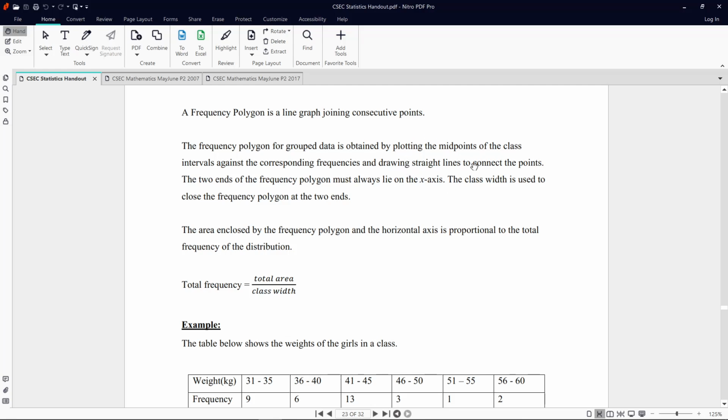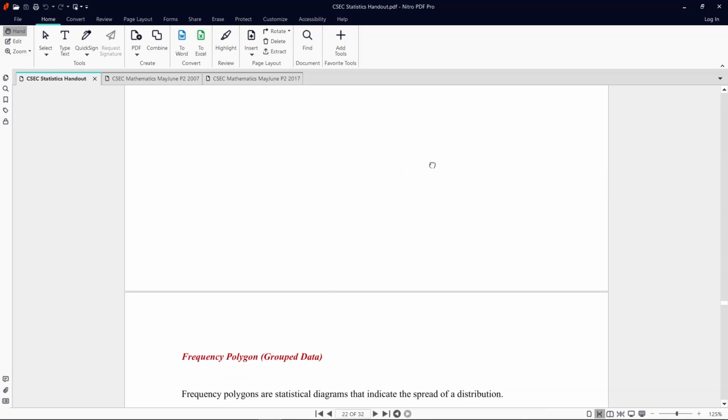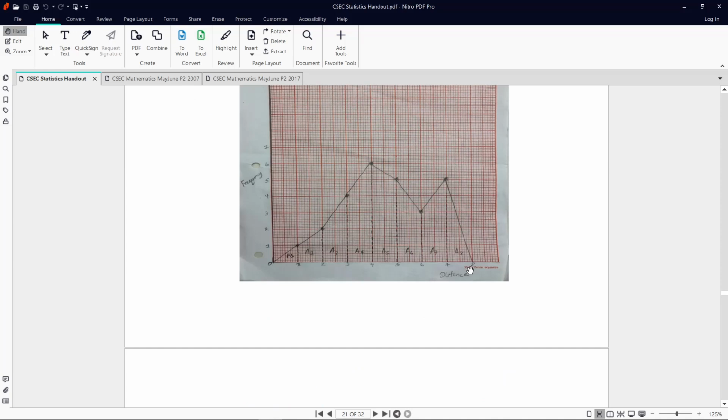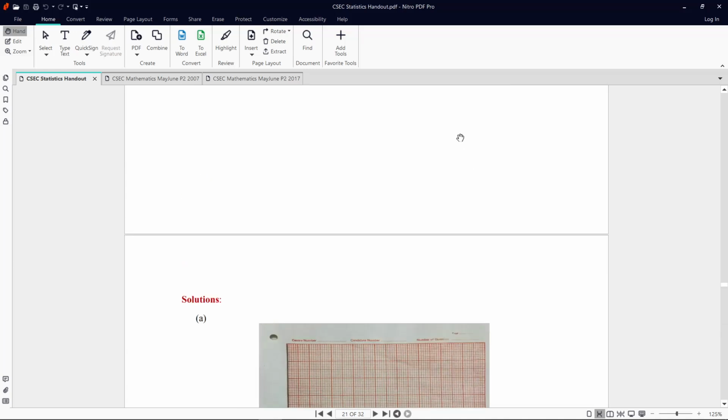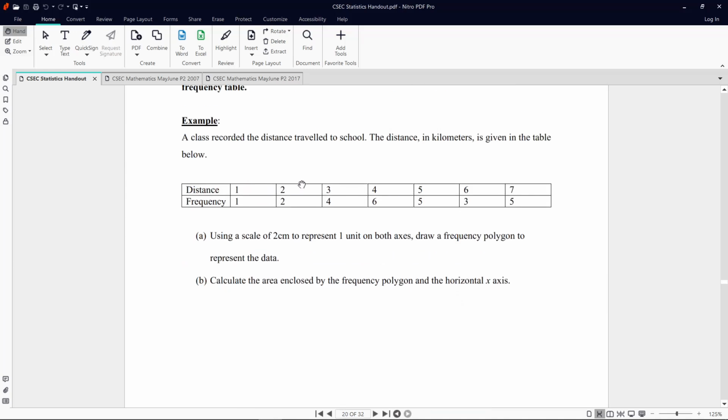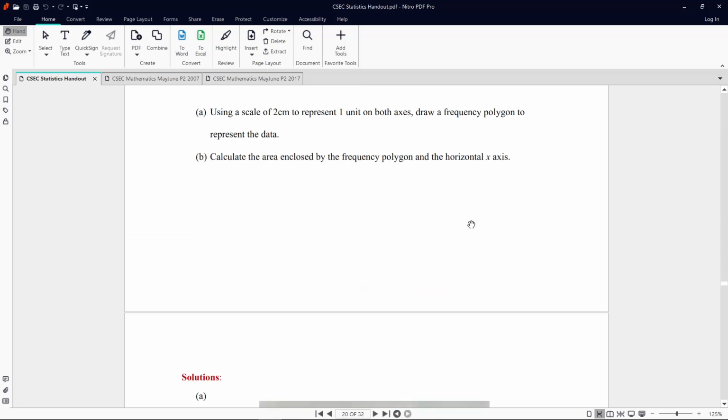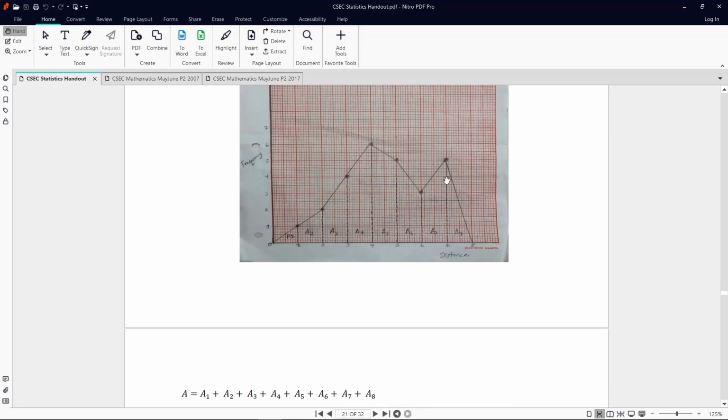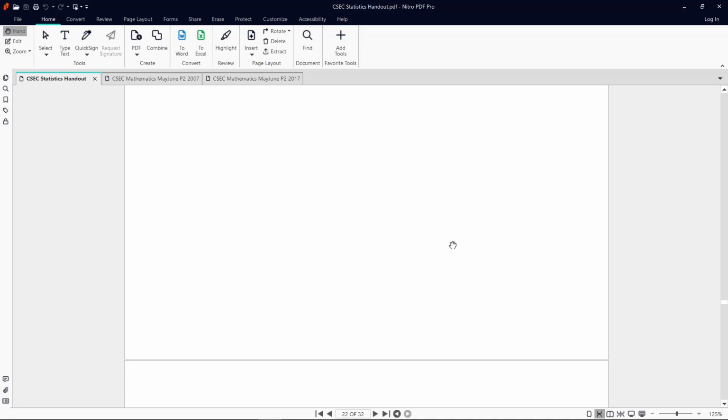So that's the only difference. For group data, we're focusing on the midpoints. However, for ungrouped data, we're simply focusing on whatever frequency was given with whatever values.